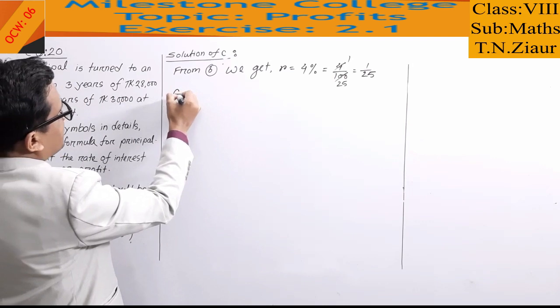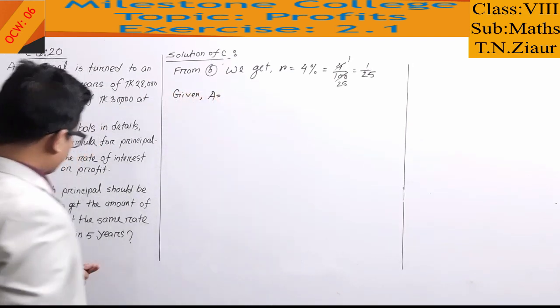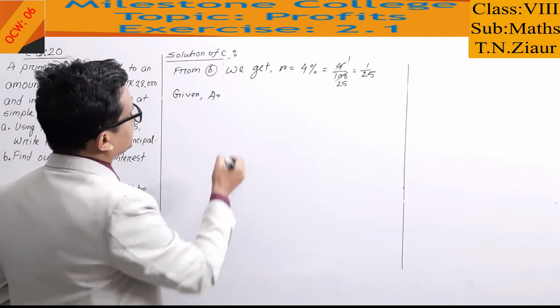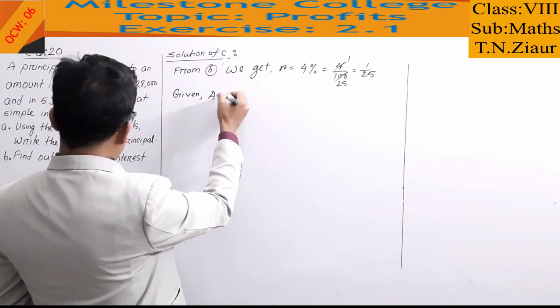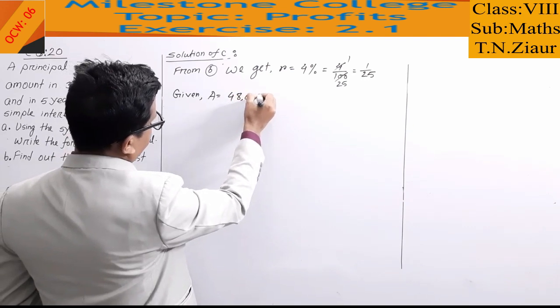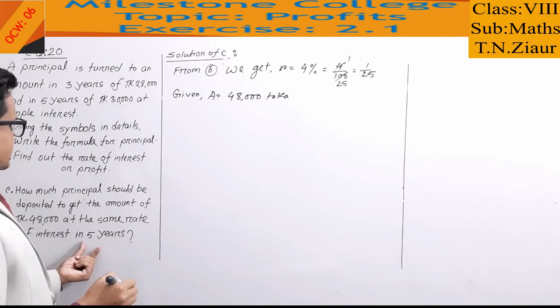And given here, A is equal to, A means amount, how much principal should be deposited, that means this amount 48,000. Amount is principal plus profit, that means A is equal to 48,000 taka here. Okay, and N is equal to what? 5 years.